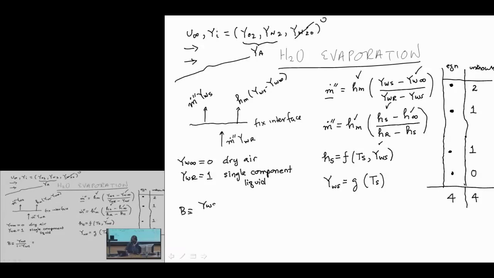But B is also equal to what we get out of our enthalpy. And so from our enthalpy perspective, B can be thought of as CP.